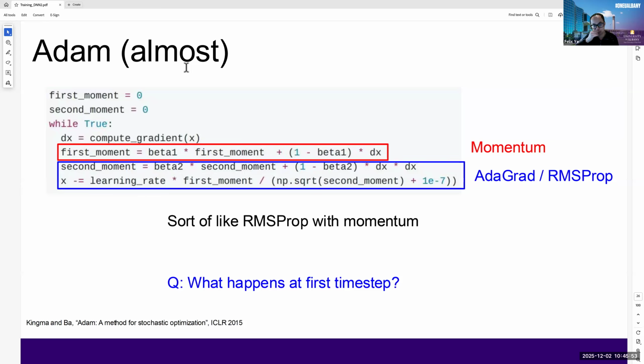If we look at this, we basically have two momentum terms, right? The first momentum term is just the momentum term we talked about in SGD momentum. The second part is basically RMSProp. So you have two contributions, from the first momentum and the second momentum.